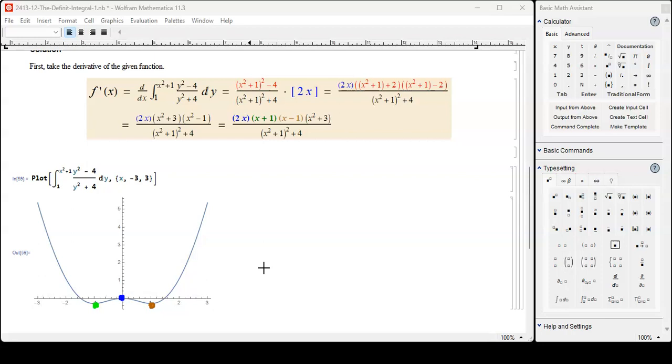Now, as for when this function increases or decreases, you can set up a diagram like this.